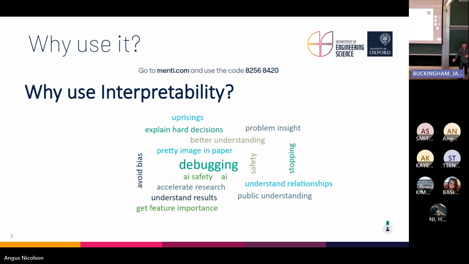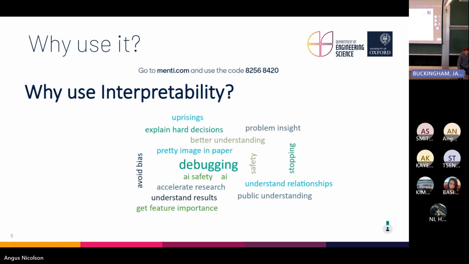I'm seeing AI safety. I don't think anyone wrote this specifically, but one example of using interpretability for safety would be trying to detect biases. If you can understand why your model has made certain decisions, you can try to find biases within the model and either train it to remove them or at least know what biases exist in your solution.